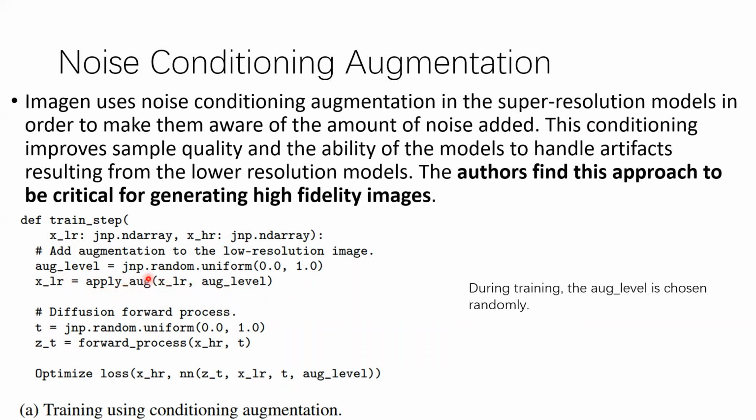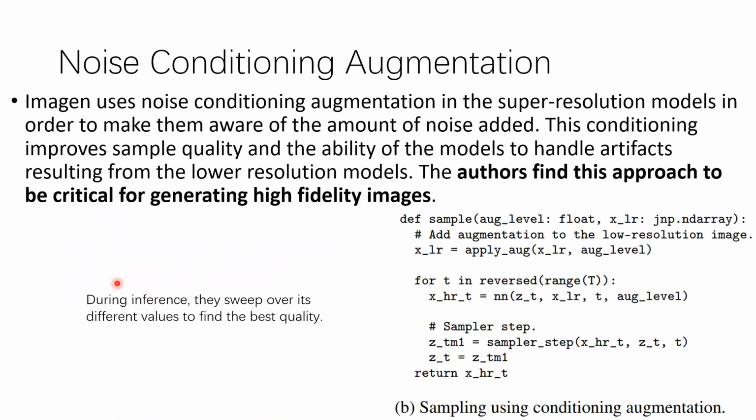You apply this level of noise to these lower resolution images, and then you just do the diffusion model in the normal way. So you just add an augmentation of noise perturbation to the lower resolution model. That's what they do during training.